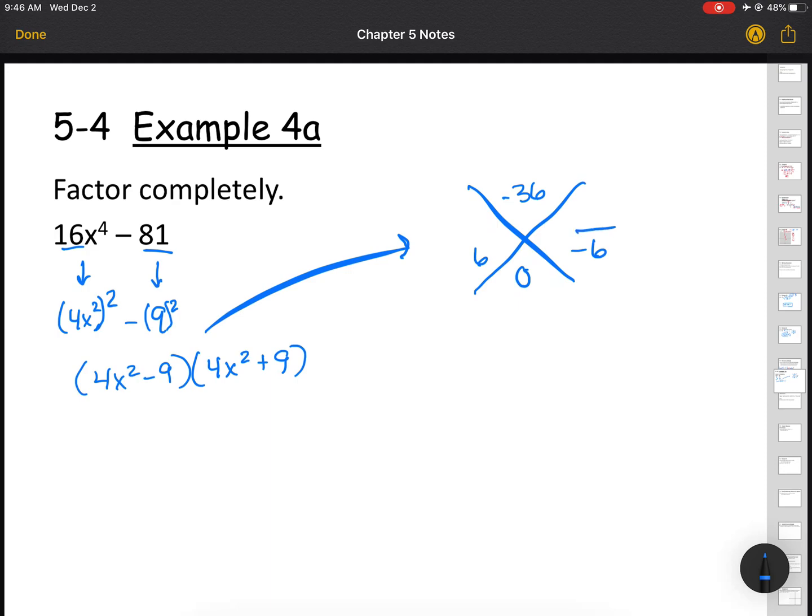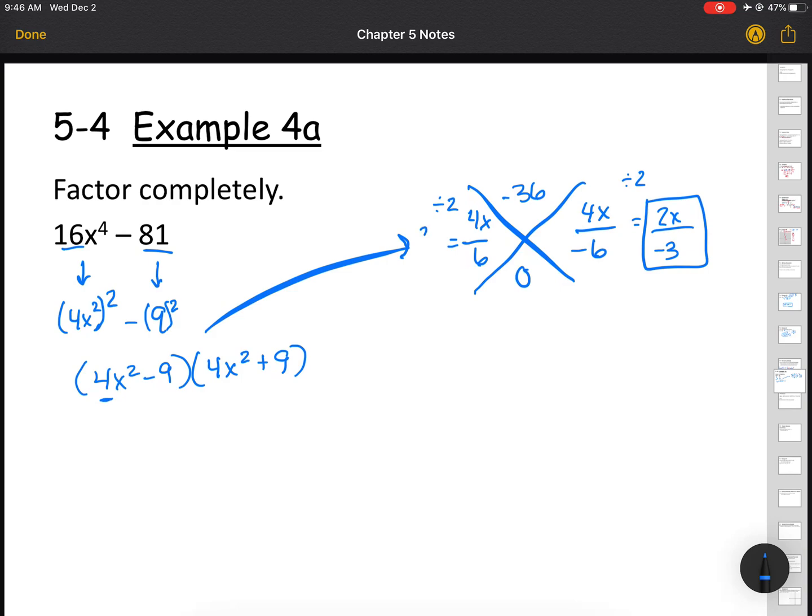And up top, remember, I'm not just putting x, because my a in this case is 4, so I'm putting 4x on top of those. And since 4 and 6 are both even, I'm going to divide each side by 2. So 4 divided by 2 is 2x, and negative 6 divided by 2 is negative 3. So here's one factor.